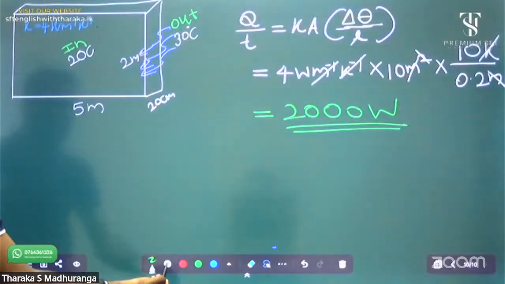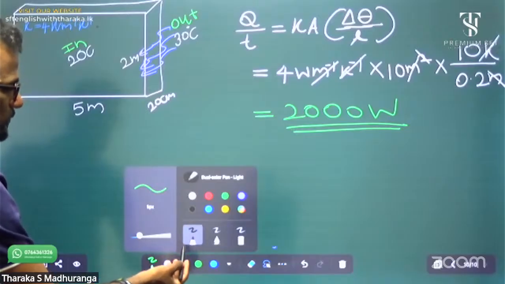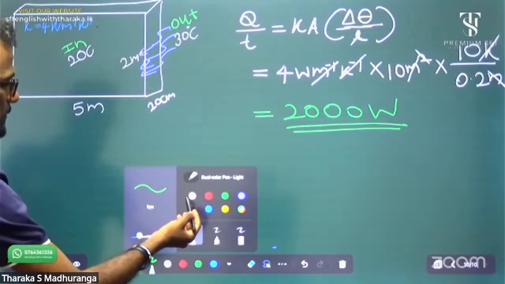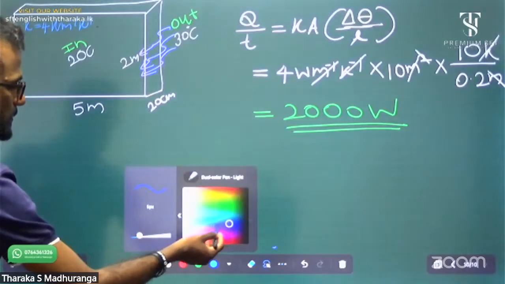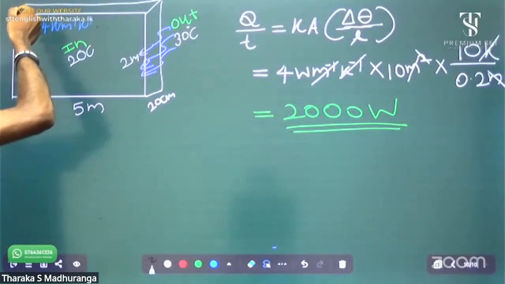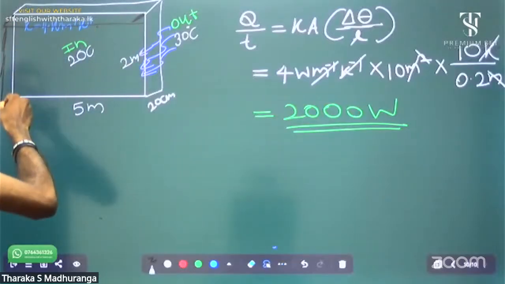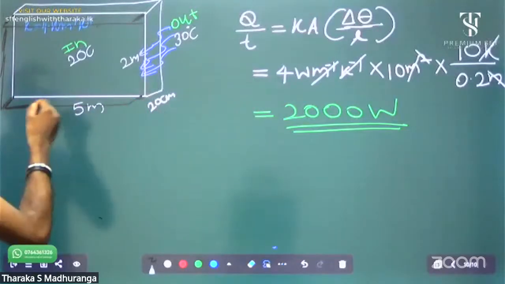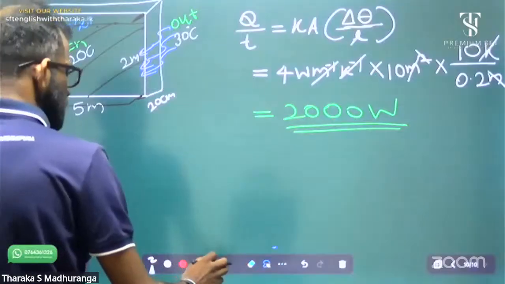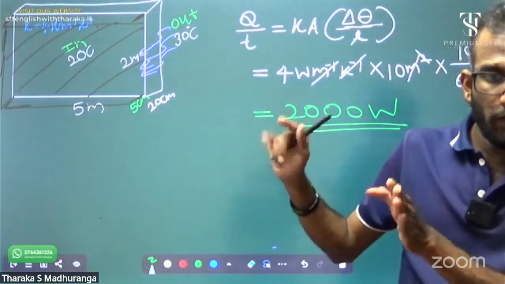A 5 centimeter thick wooden layer is connected to the inside, not the outside.